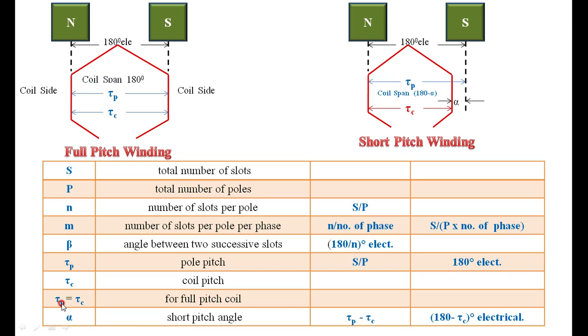If the coil pitch is less than 180, it is called short pitch winding. The angle alpha is the short pitch angle. We get alpha as tau p minus tau c, that is, 180 minus tau c, where tau c is the actual coil span.